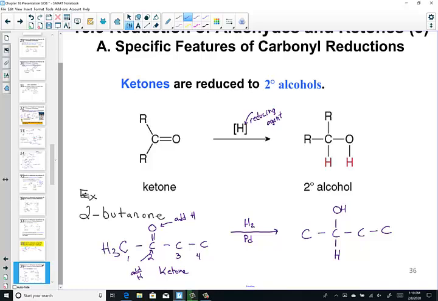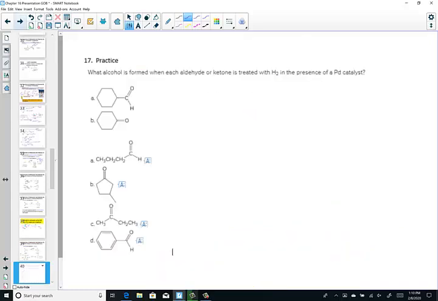So we had CH3, CH2, CH3, just to see that those remained the same. And then we just made the secondary alcohol known as 2-butanol. Here the -ol ending for the alcohol functional group. 2-butanone was reduced into 2-butanol, a secondary alcohol.